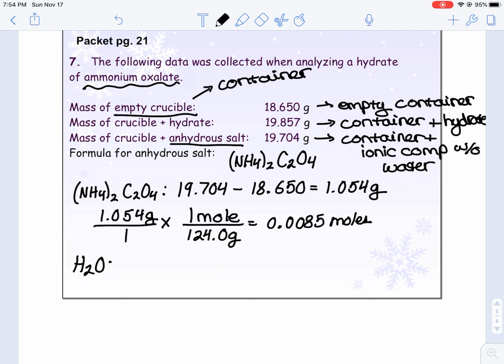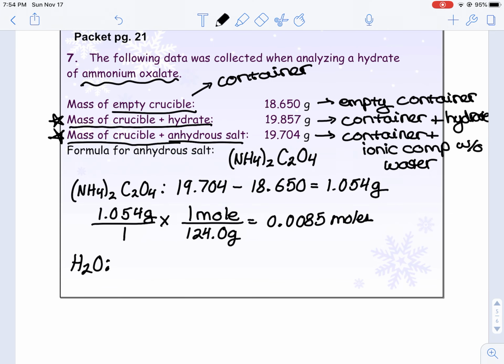And then you're going to do the same thing for the water. Now if you think about this, up here in the data table, you know the mass of the crucible and the ionic compound with the water. Here you have the mass of the crucible and the ionic compound without the water. So the mass of the crucible is redundant.